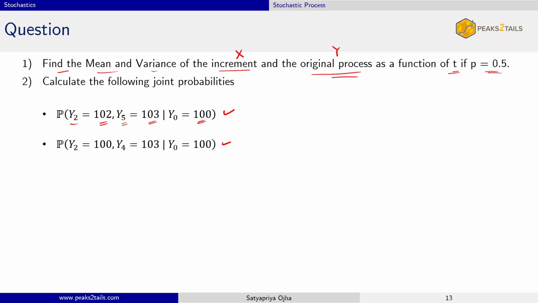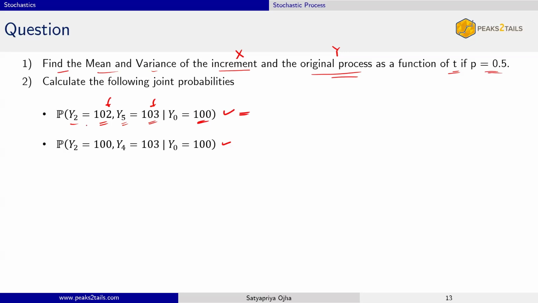Yeah, conditional joint probability. How can we solve this? If the initial value is 100, I'm saying what is the probability that after 2 steps it becomes 102 and after 5 steps it becomes 103.